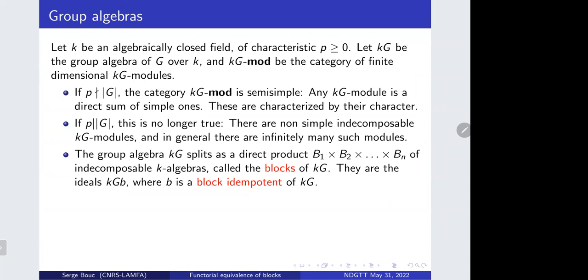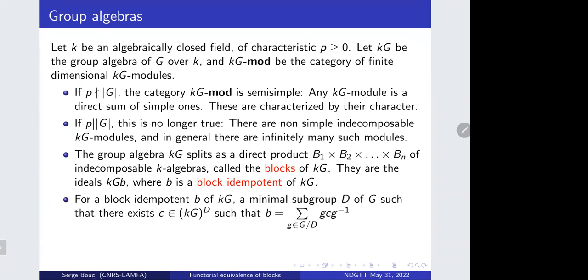I need to introduce one notion related to blocks or block idempotents, which is the following. For a block idempotent b of KG, we choose a minimal subgroup D of G such that there exists an element c in KG, which is invariant by conjugation by D, such that b is equal to the sum of the conjugates gcg^-1 for g in a set of representatives of D cosets in G. This may seem a little strange, but it's really important.